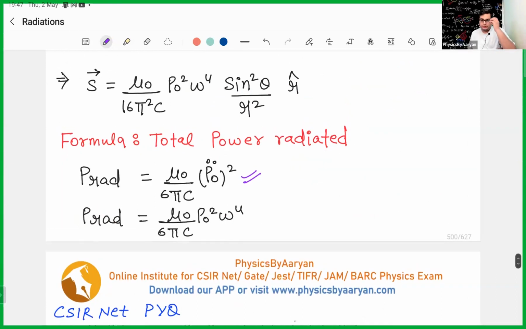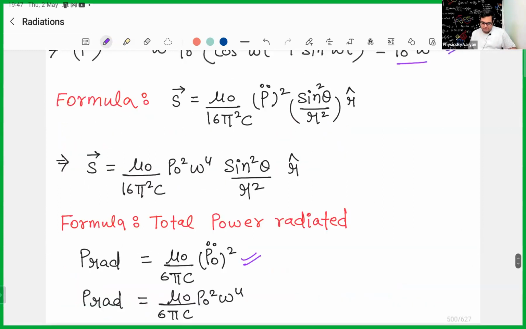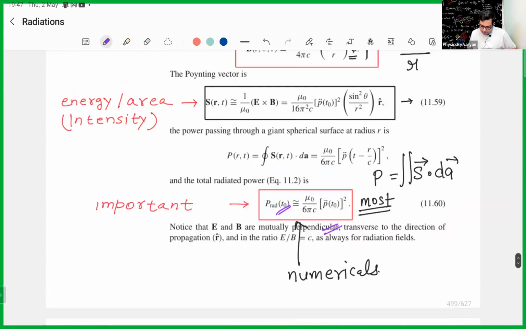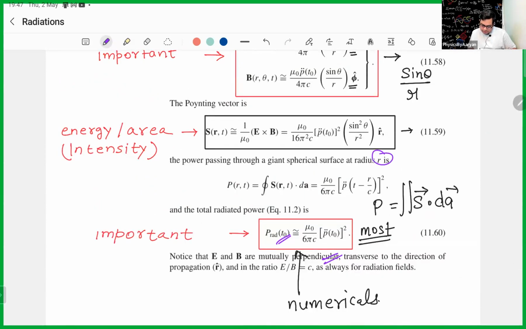What they have done is the time averaging before. Here everything was in time, and then they did the time averaging. When they were doing the integration, they had already done the time averaging somewhere here.